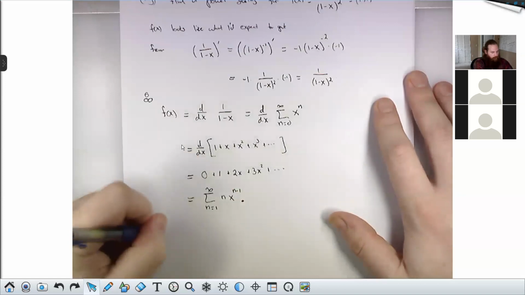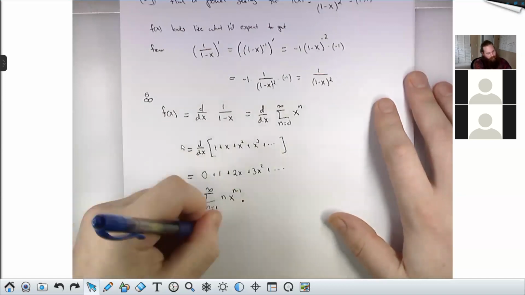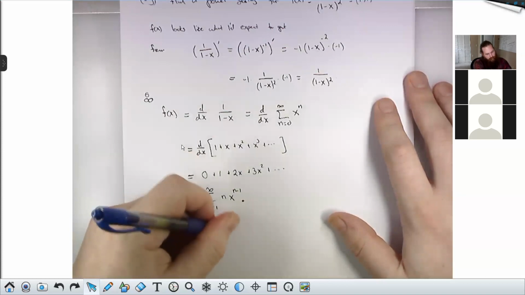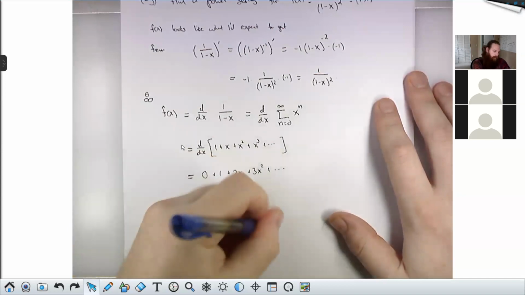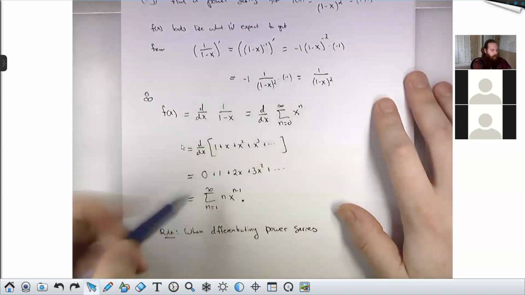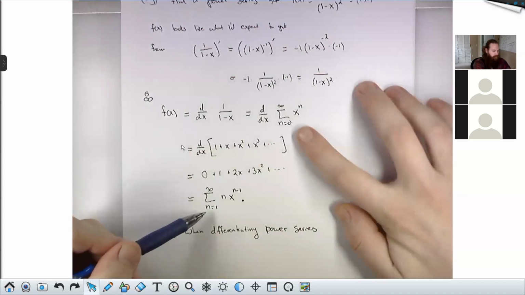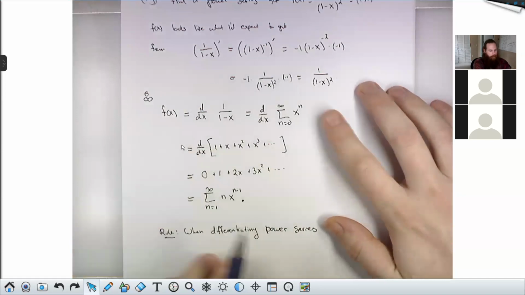Now here's the rule. When differentiating power series, we don't always change the starting index from a 0 to a 1. We don't always bump the starting index up.